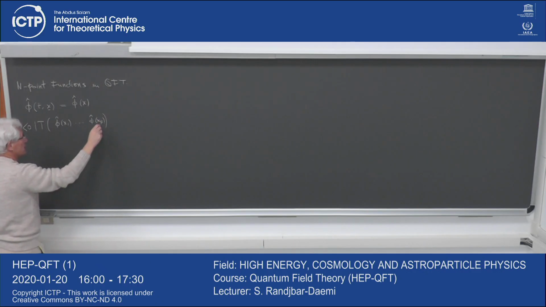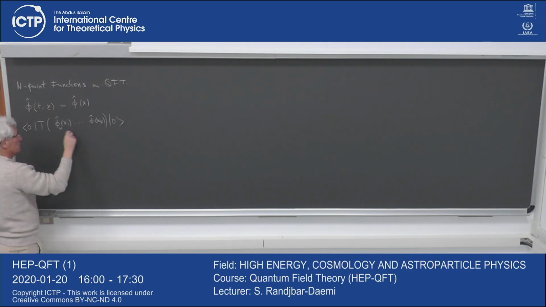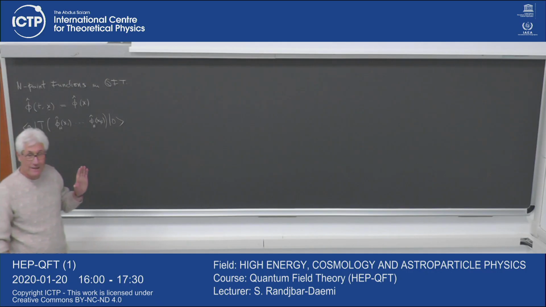These are fully interacting Heisenberg picture operators, and in order to denote that, I will put an h there as a subscript. Okay? So we are not working yet in interaction picture, and they do not satisfy linear equations.